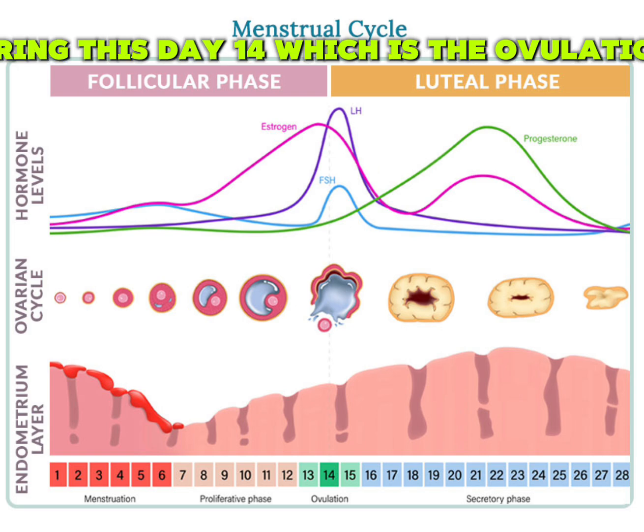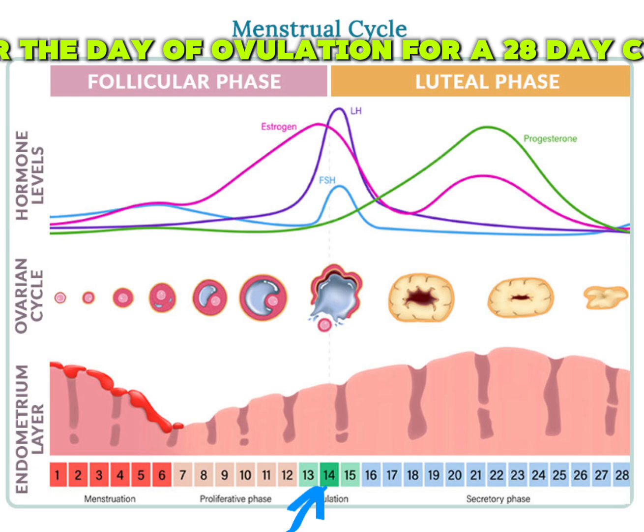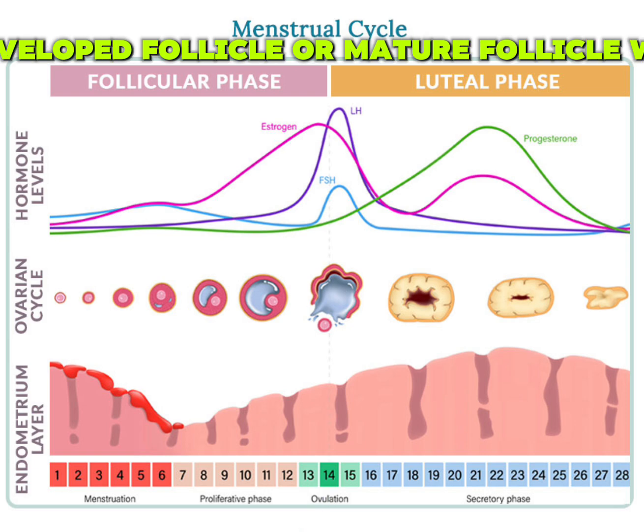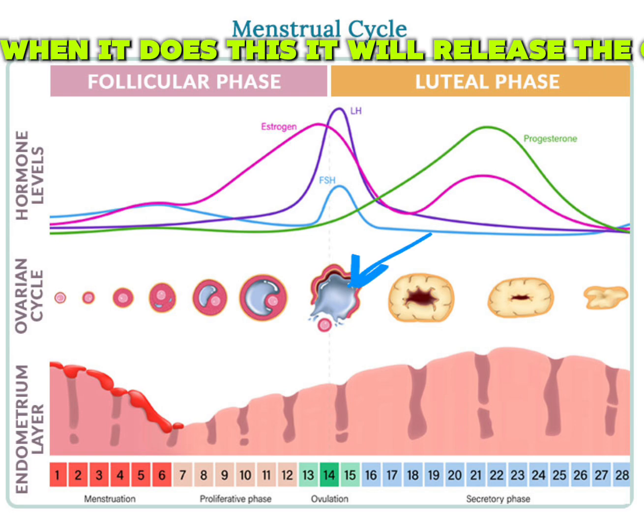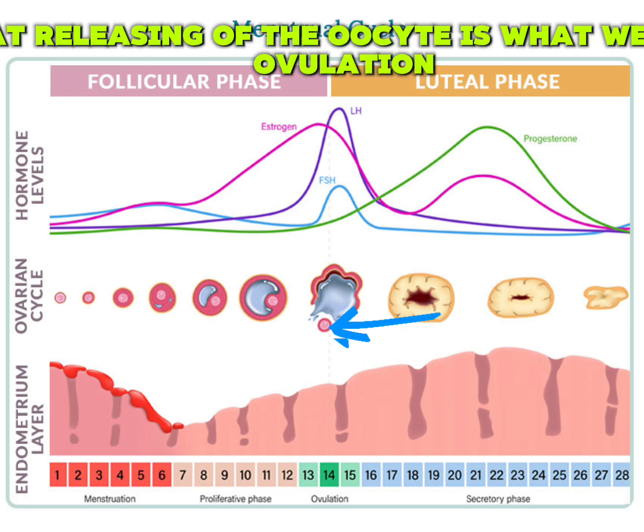So during this day 14, which is the day of ovulation for a 28-day cycle, this developed or mature follicle will burst. And when it does this, it will release the oocyte. That releasing of the oocyte is what we call ovulation.